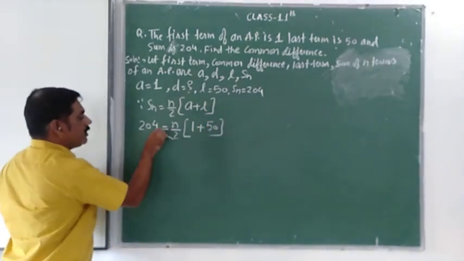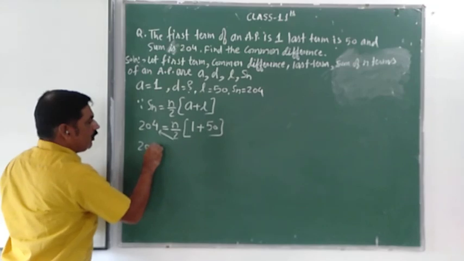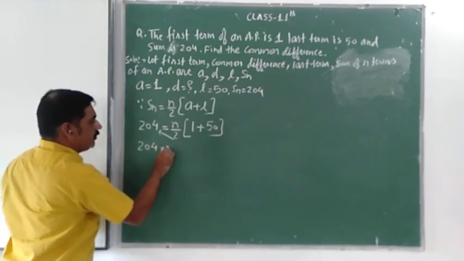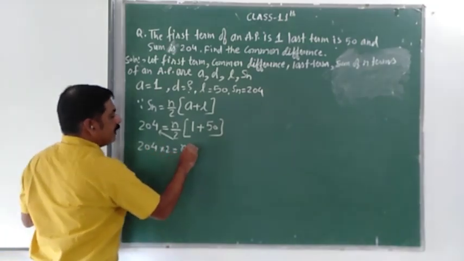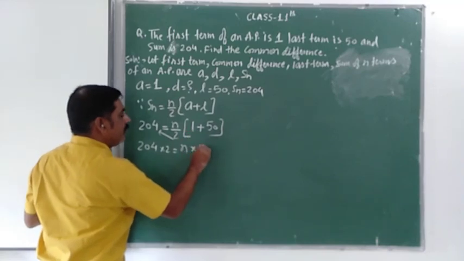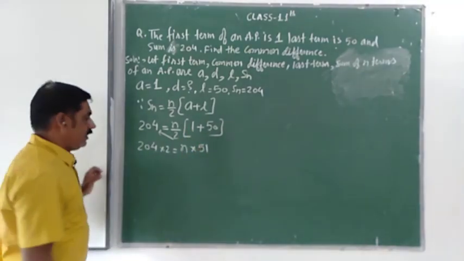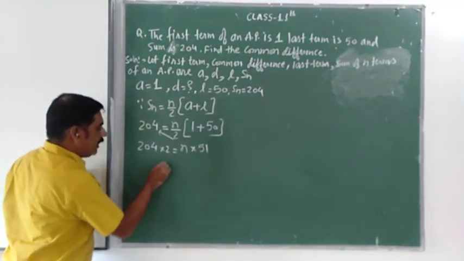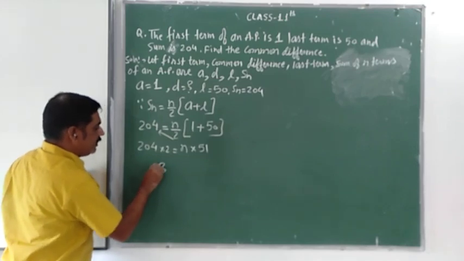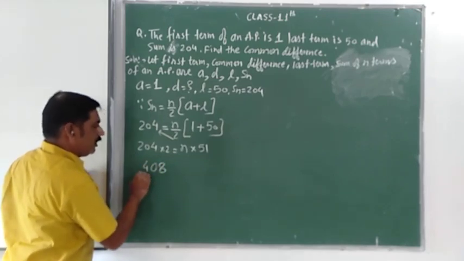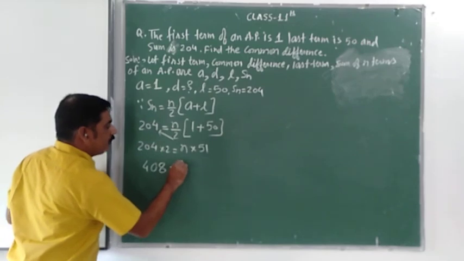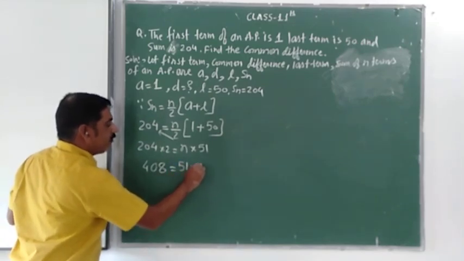Right? Now cross multiplication: 204 into 2 and into 50 plus 1, that is 51. Now 2 4s are 8, 0, 2 2s are 4, is equal to 51 into n.